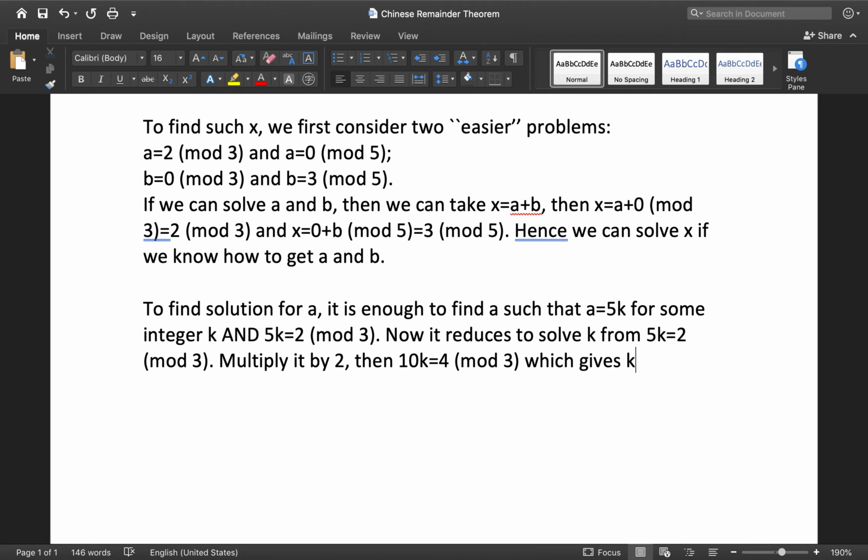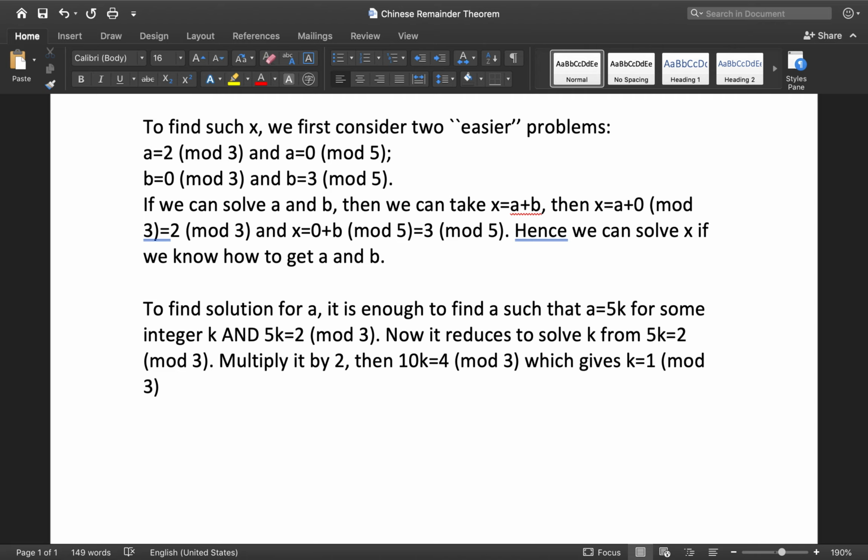So we got k congruent to 4, and you can also just change it to congruent to 1 after you take the congruence modulo 3. So k has to be congruent to 1 modulo 3. From the previous video you know how to solve the equation in a more general way and get all the solutions.